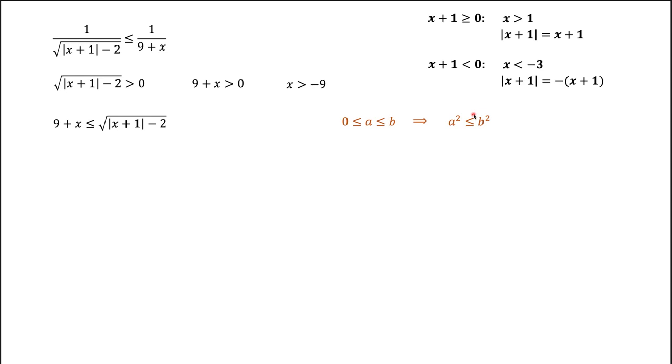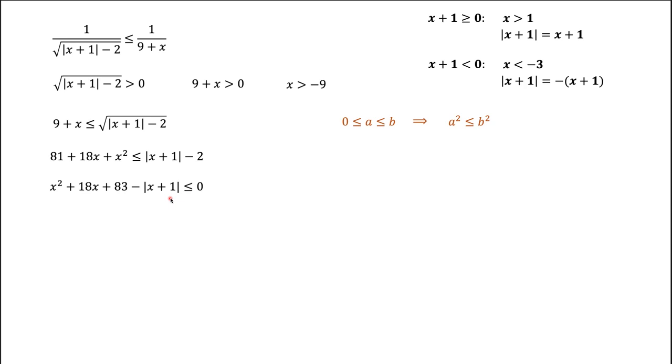So now, if I square both left-hand side and right-hand side, I'm going to get an inequality of this type. Okay? What you have on the left is 9 plus x squared. The next thing we're going to do, we're going to move everything to the left-hand side. If we do, this is an inequality we have.